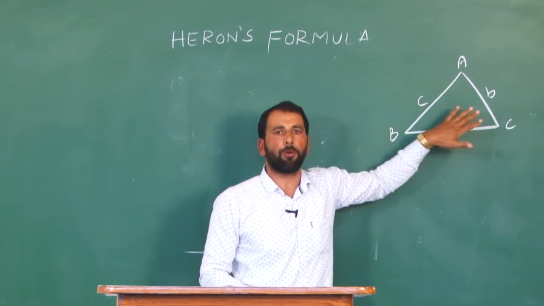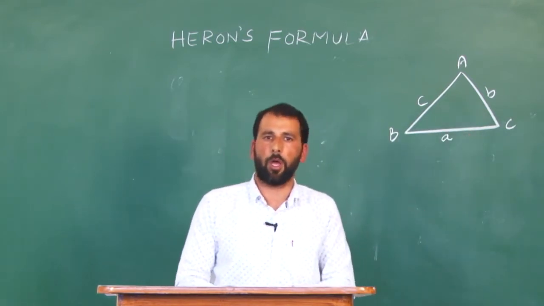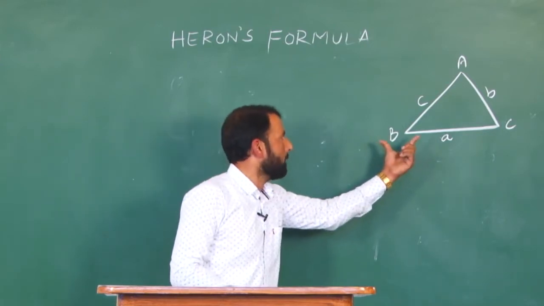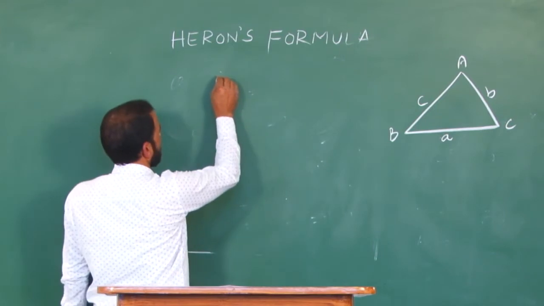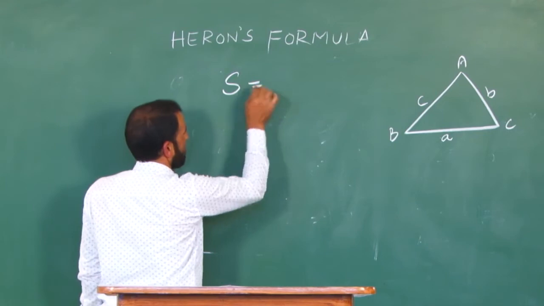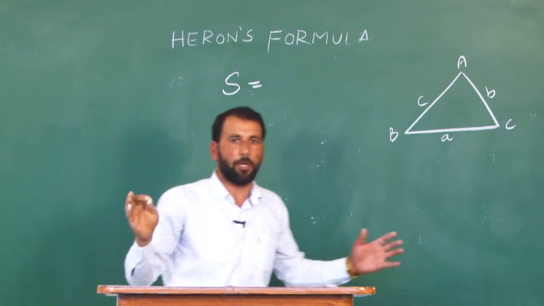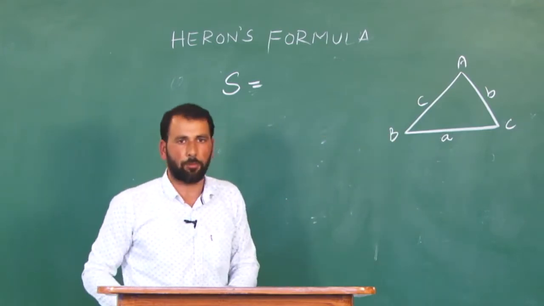The steps required for finding the area of a triangle by using Heron's formula are: first of all, we find the semi-perimeter of this triangle. Semi-perimeter, written by the letter s, means the sum of all sides divided by 2. What are the 3 sides of the triangle?